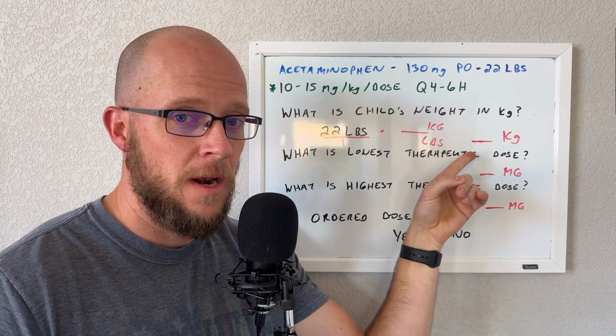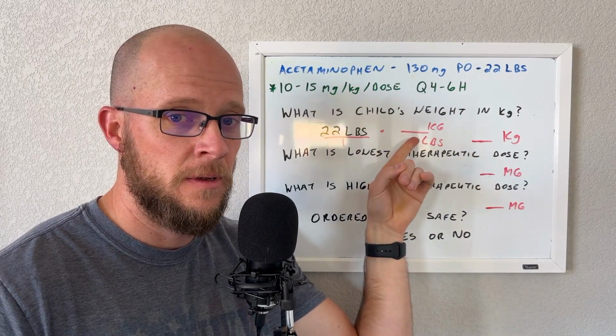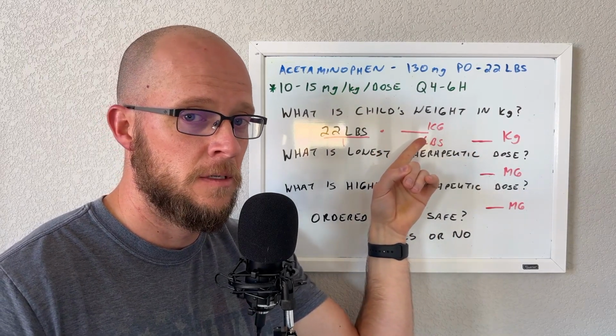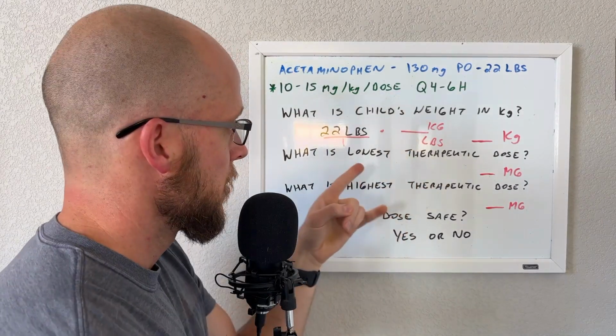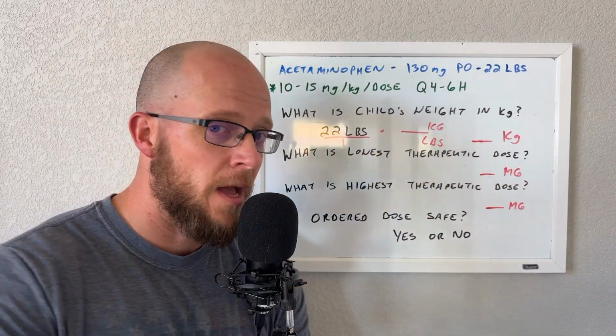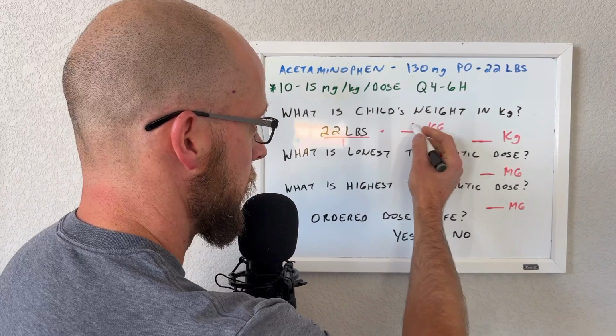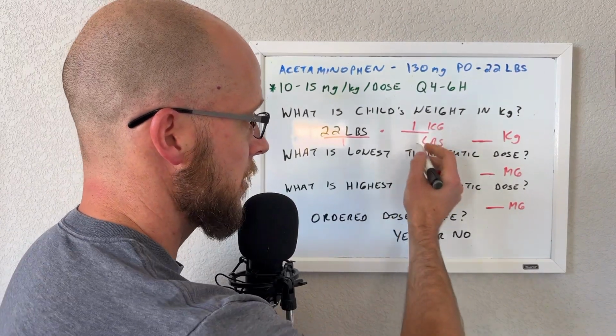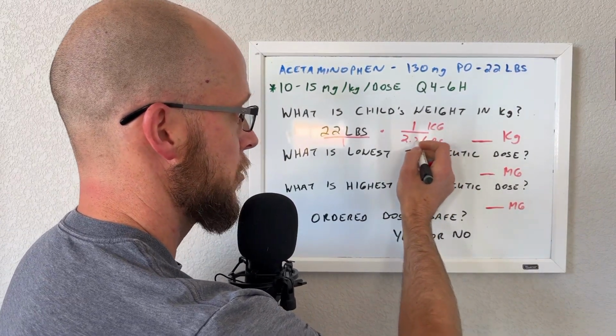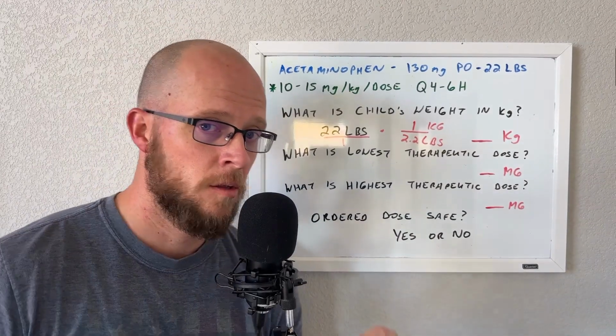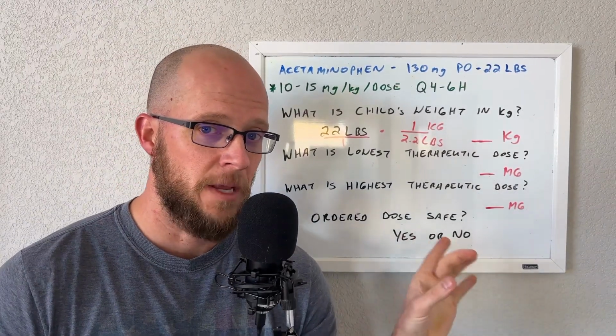Then at the very end, I want to end with that at the very top of my fraction there. Hopefully that makes sense. So then I know that per kilo, 1 kilogram equals 2.2 pounds. Hopefully that makes sense on there.